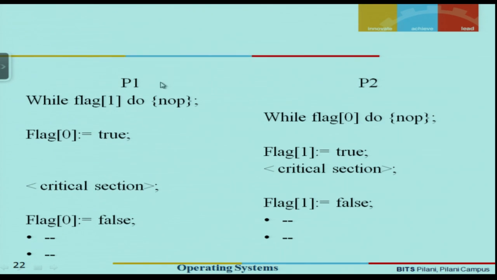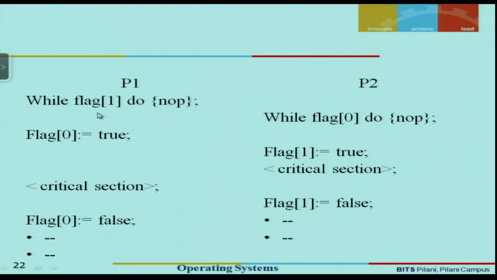Let us see that in the beginning the process P1 came, instead of calling this process P1, I would call it 0, and this process I will call 1. So let us say that process P0 came, and it started checking.